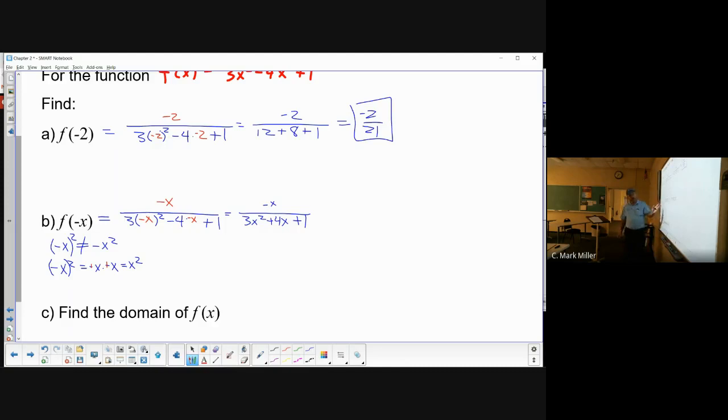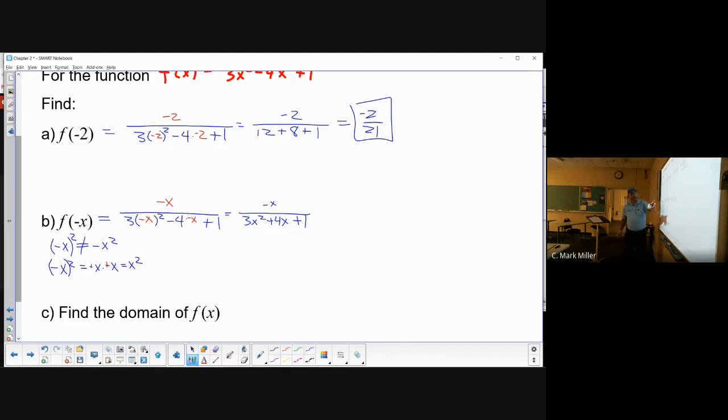So it usually produces a different function. In fact, if it produces the same function, we're going to see coming up here, if it produces the same function, we call that an even function. The graph is going to be symmetric about the vertical axis. We haven't gotten there yet, but we're going to.